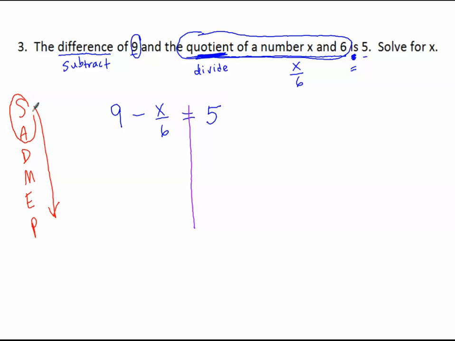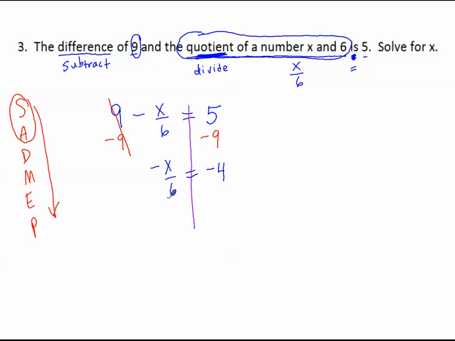So first we do subtraction and addition. The 9 is subtracted with x over 6, but it's positive, so I'm going to say minus 9 minus 9, the subtraction property of equality. That gets rid of the 9's. What I have left over, negative x over 6 equals negative 4.